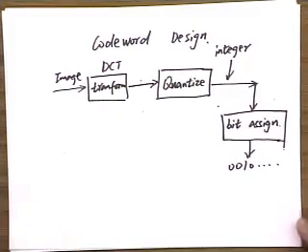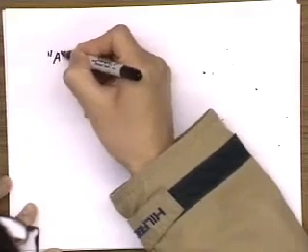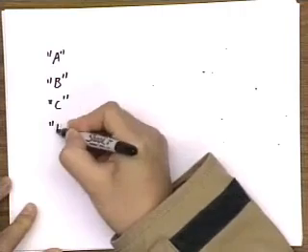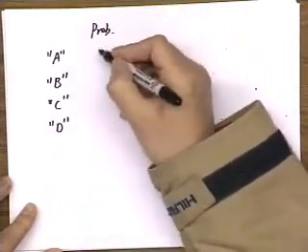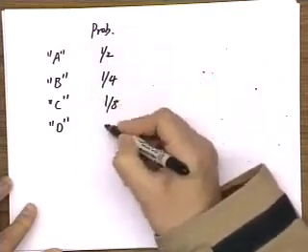Here is one example. We have 4 symbols, and each has a probability of appearing. A can be 1/2, B 1/4, and C 1/8.